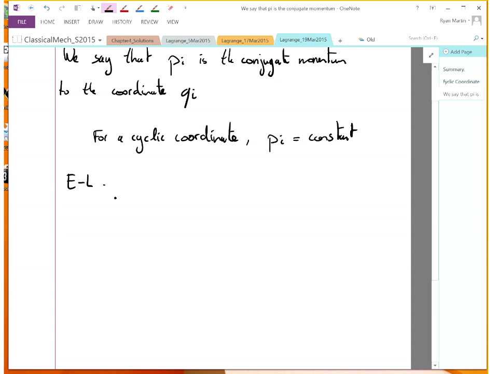So let me again write down the Euler-Lagrange equation. We have d/dt of ∂L/∂q_i dot minus ∂L/∂q_i equals 0. Well, let me just put in the momentum there. ∂L/∂q_i dot is p_i, right?